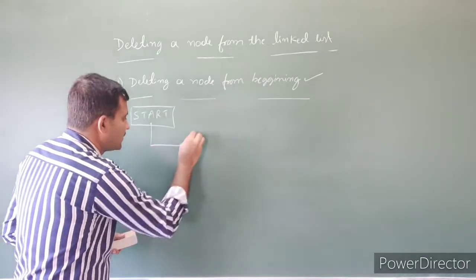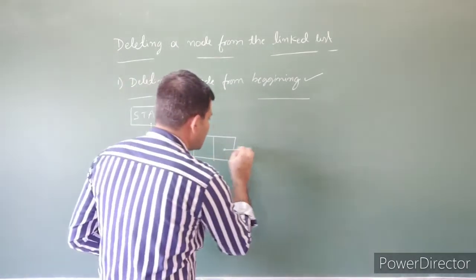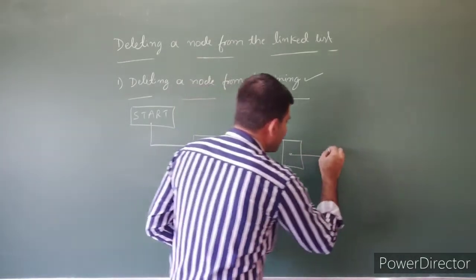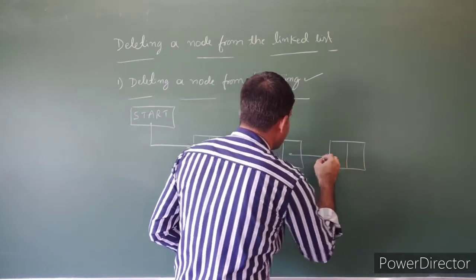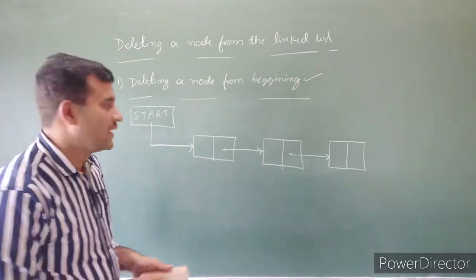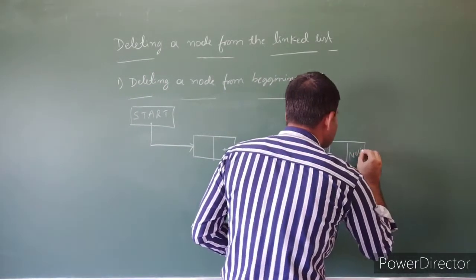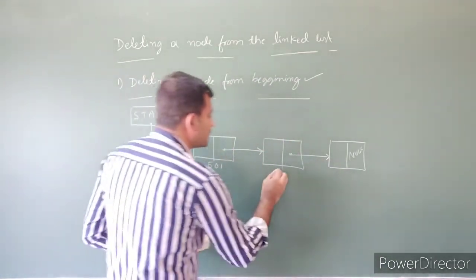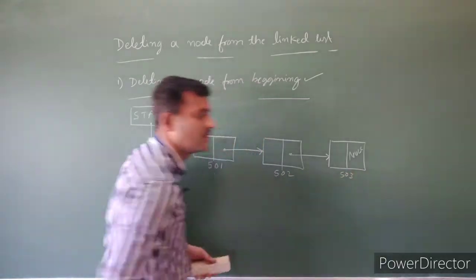It is a collection of nodes. Here there are 3 nodes, and the link part of the last node stores the null value. Assume that the memory addresses are 501, 502, 503.